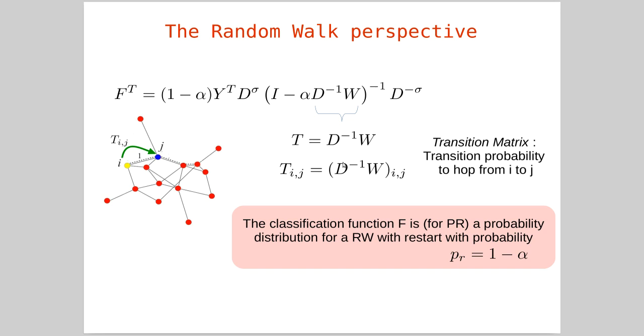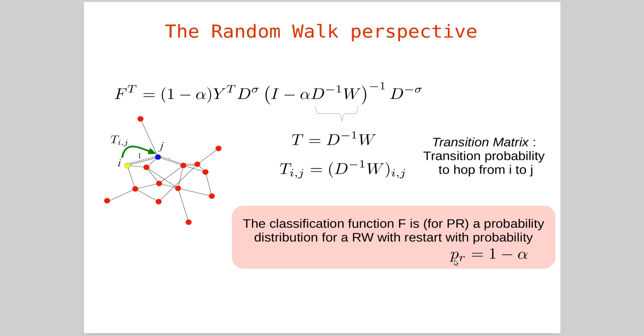When you take a specific method, which is PageRank, your classification function is the probability distribution of a random walk, but a random walk that has an extra feature, which is a restart with some probability, and this probability is given by 1 minus alpha, so it's governed by the mu parameter that, as I said, balances the graph term and the label term in the functional to minimize.